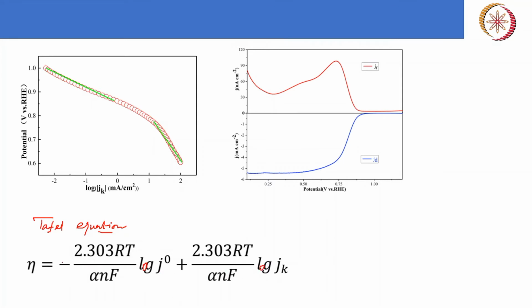Basically this is the Tafel equation, with eta being the overpotential.